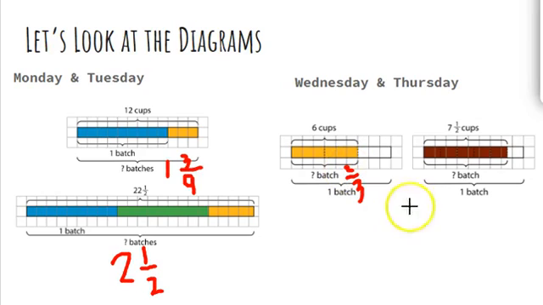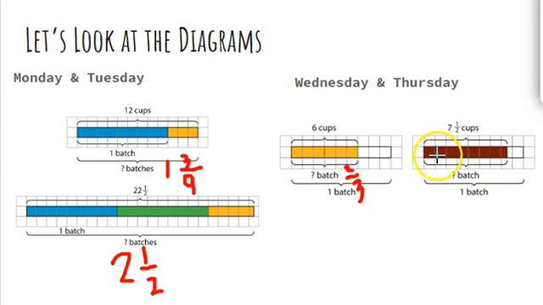What about here with the 7 and 1/2 cups? This gets a little trickier here, right? Because we have to think of these in groups of 1/2, 1 and 1/2. In the way they did it, they took the 7 and 1/2 and they thought about the whole number with it and 1/2 with it.